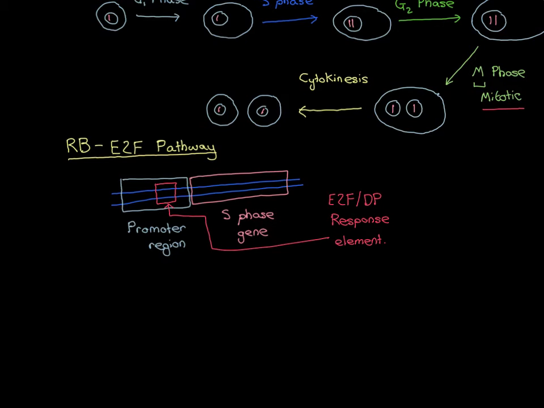So let me now show this here. So a protein complex is going to bind here, which is made up of two proteins, one here in green, which is going to be a protein known as an E2F protein.